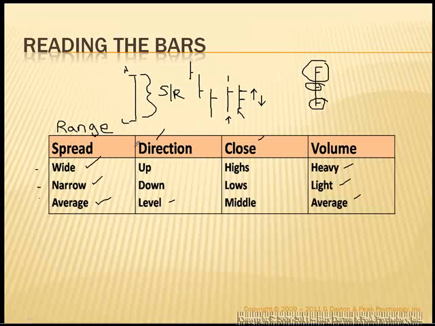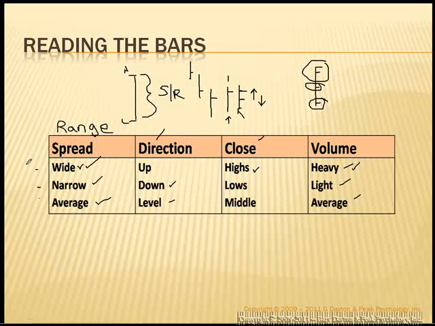All right, so by using this little cheat sheet, this little 4x3 chart, we can describe any price bar and volume. We can have a wide range bar closing on its highs that's down from the previous bar on heavy volume.